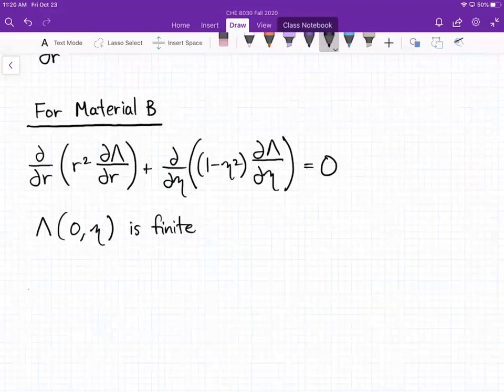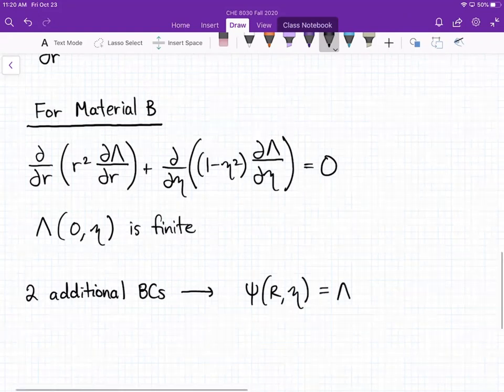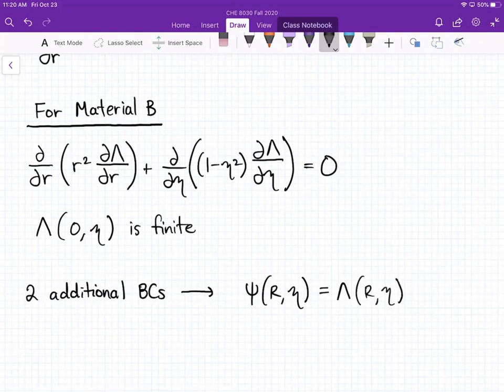So these are the two additional boundary conditions. The first one tells me that the temperatures are equal. So at the surface of my sphere and for all etas, the temperature of material A should be equal to that of material B at the surface of the sphere and for all etas.